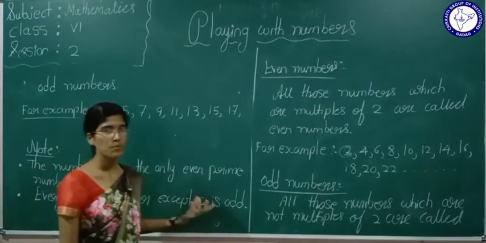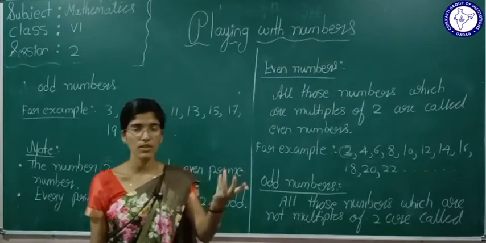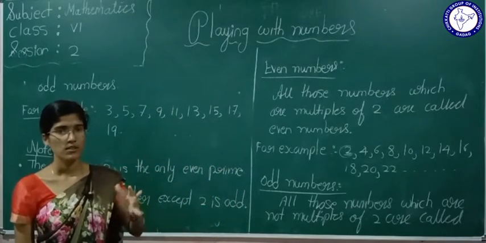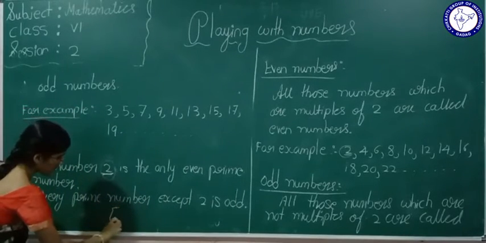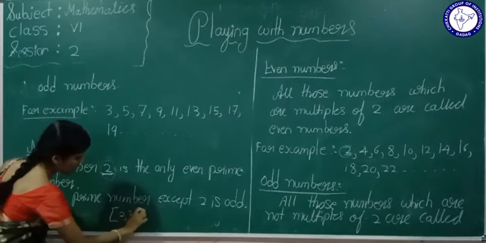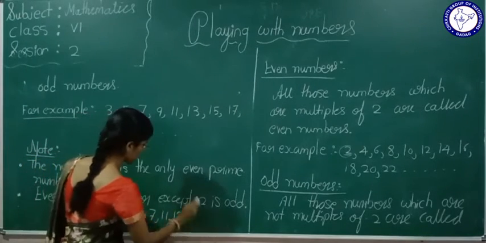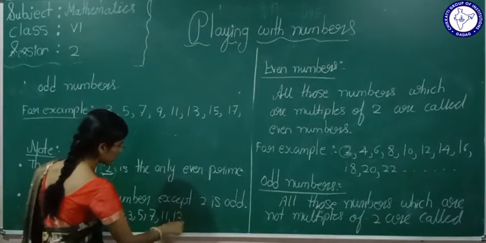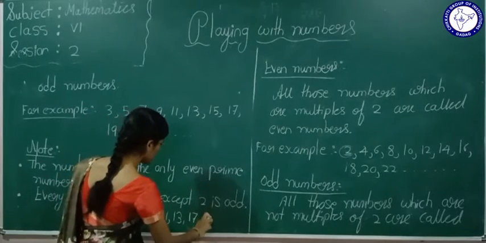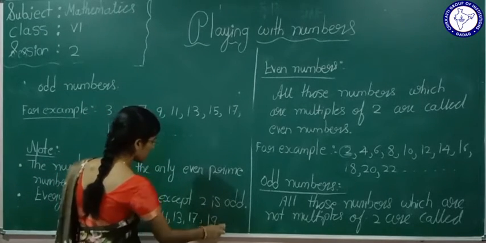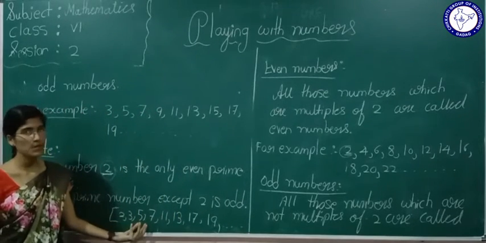See here, the prime numbers are 2, 3, 5, 7, 11, 13, 17, 19, and so on. So these are the prime numbers.